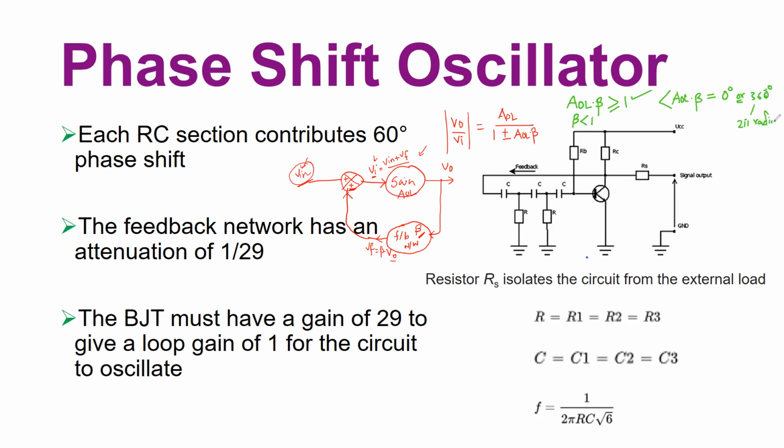So when condition number 1 and condition number 2 are satisfied, we say that the circuit will produce oscillation, the circuit will start oscillation and it will sustain the oscillation as long as you are meeting these two conditions. So how to understand that?